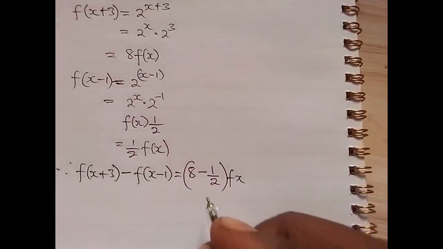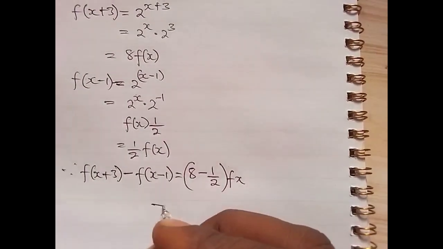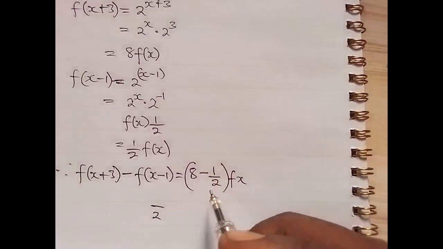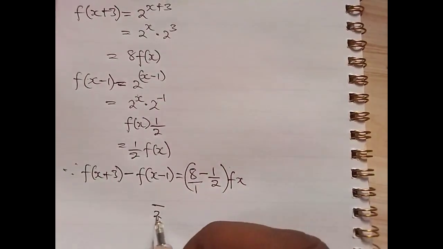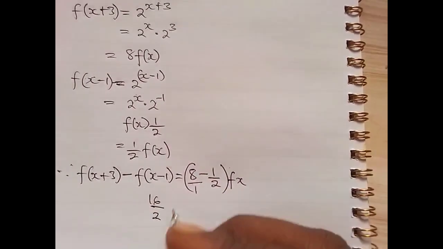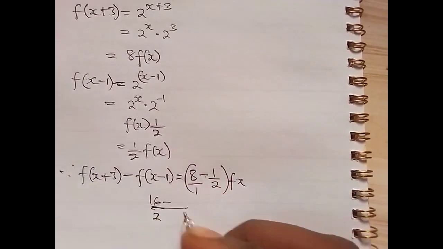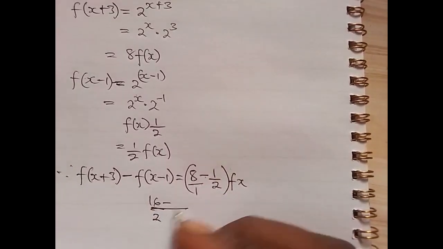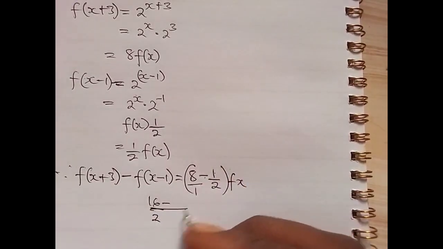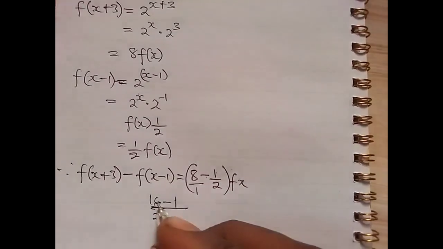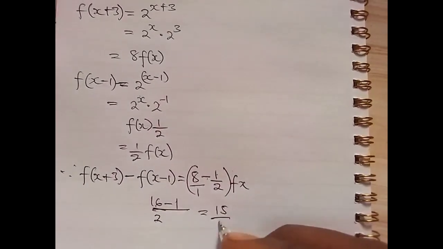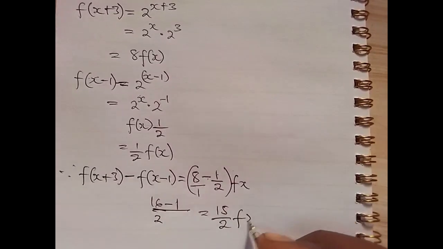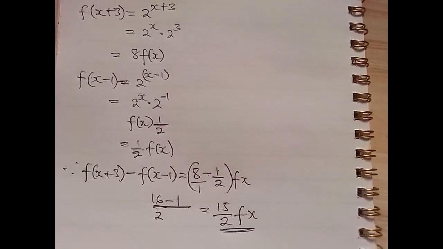Having gotten that, we look for the LCM. The LCM is 2. 1 into 2 is 2, 2 times 8 is 16, minus 2 into 2 is 1, 1 times 1 is 1. So this is 15 over 2, which is equal to 15 over 2 f of x. So we've been able to prove it.